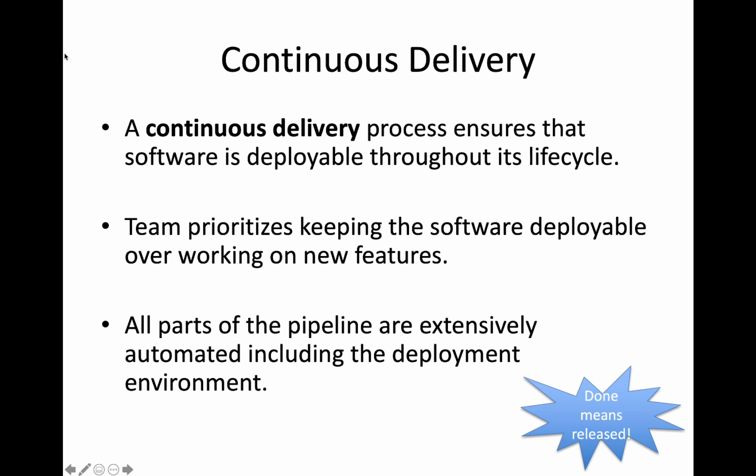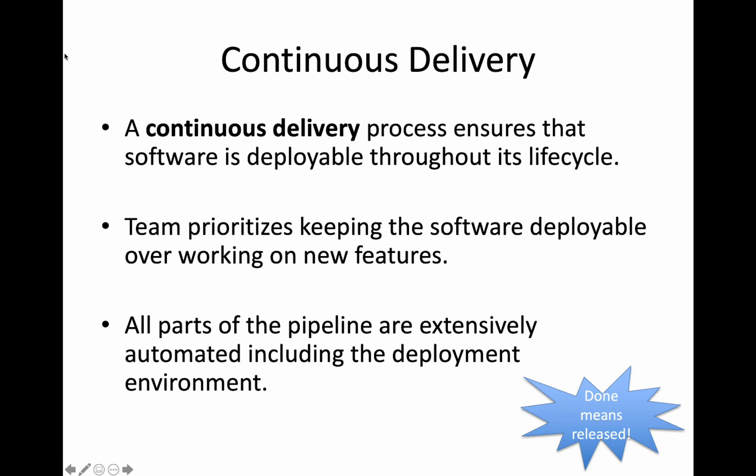I mentioned it when we talked about continuous integration: as a software developer, if I'm pushing code into the software pipeline, I have to be doing so with the mindset that my code is going to end up in production at some point.